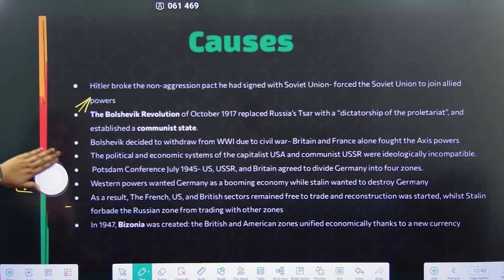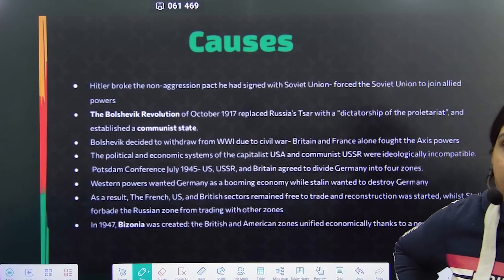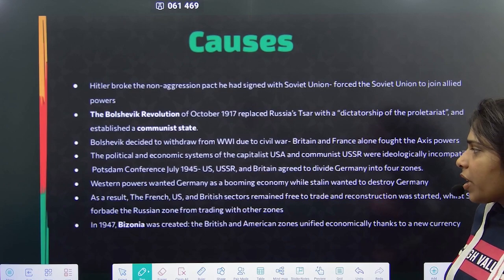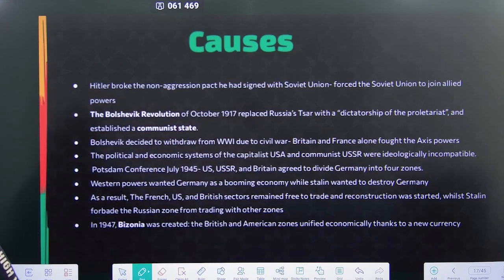After the zones were merged, they were having a lot of extensive trade among each other, between these nations, these zones, France, Britain and the US, whereas of course Russia was out of this entire thing. So to unify them together, the term Bizonia was brought.